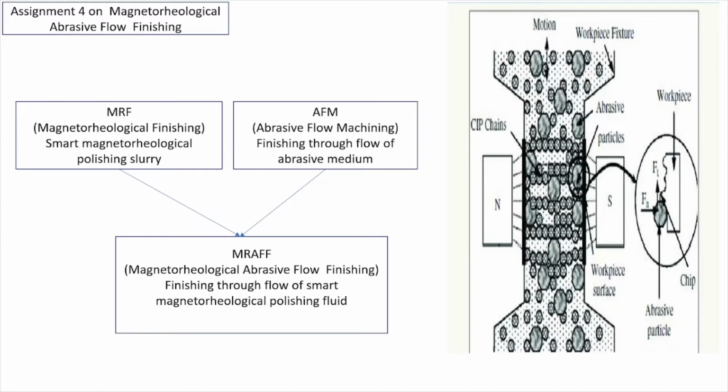First of all you need to understand what magnetorheological fluid is. It is a type of smart material whose rheological properties, for example viscosity and shear stress, can be rapidly varied if we apply a magnetic field.